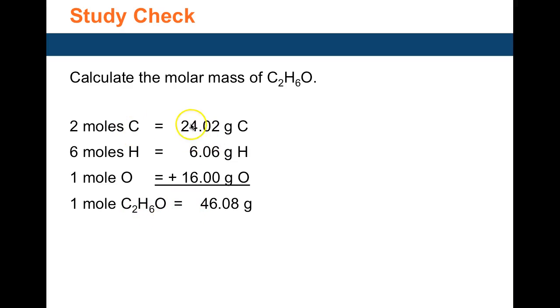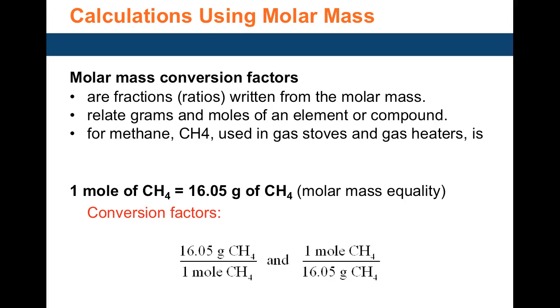So there are 2 moles of carbon, so that's around 24, 6 moles of hydrogen, that's around 6, so 30, and then you're adding 16 for 1 mole of O, so about 46. All right, so 1 mole of methane is 16.05, 12 for carbon and 4 for hydrogen, okay?